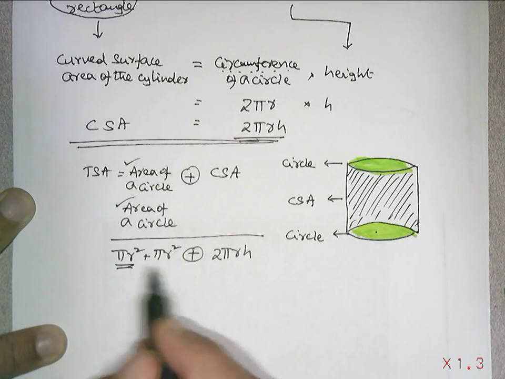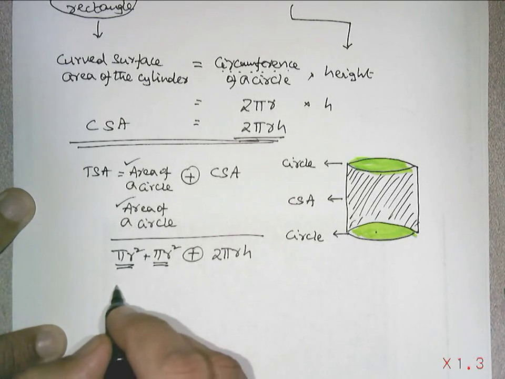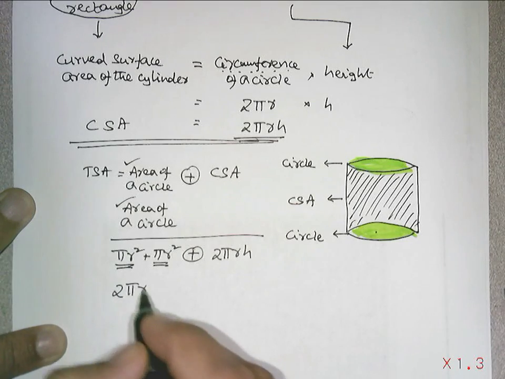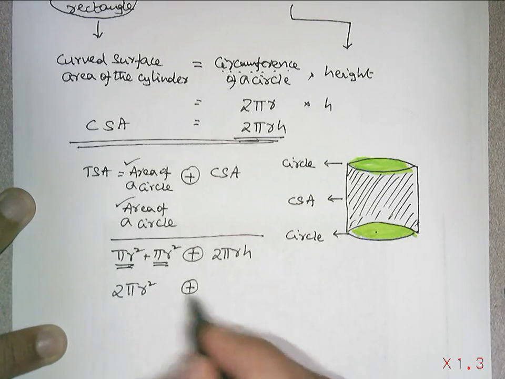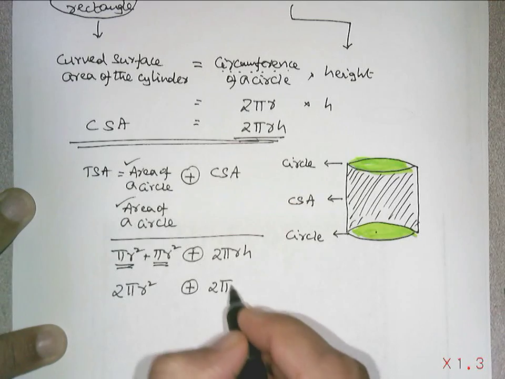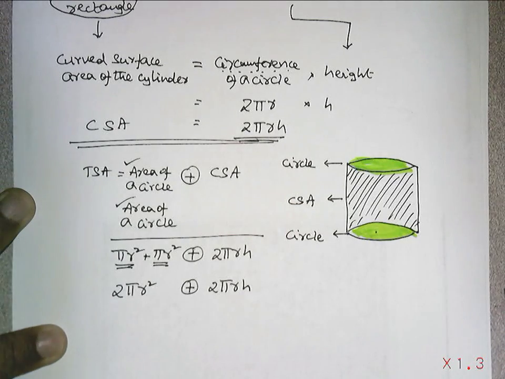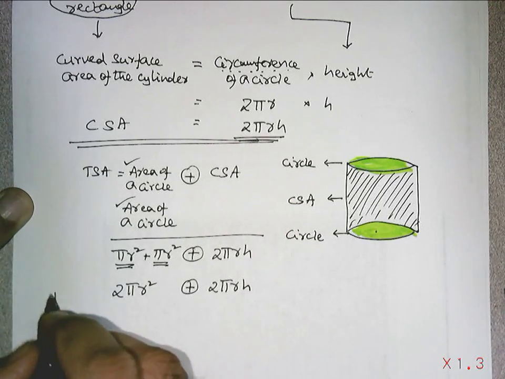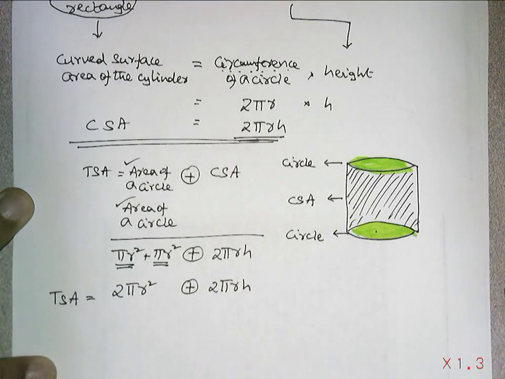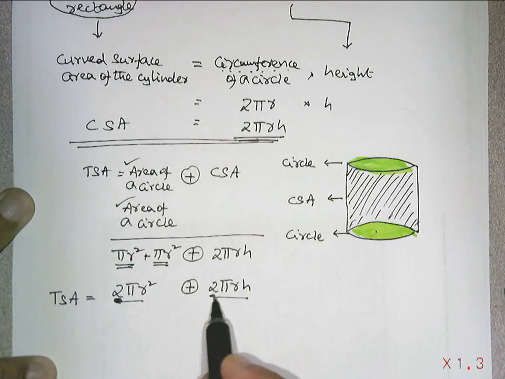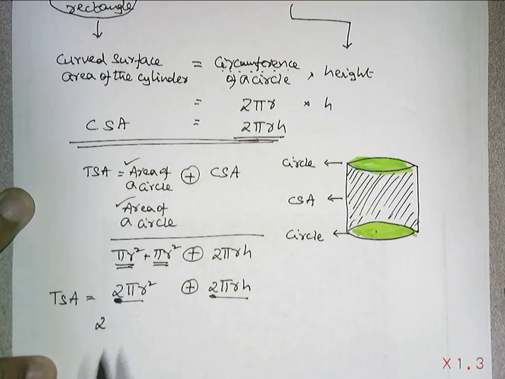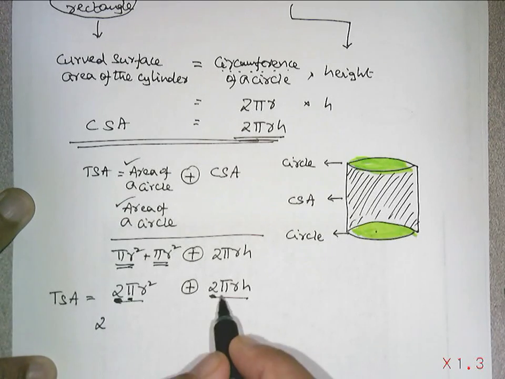So pi r square plus pi r square gives you 2 pi r square plus 2 pi r h. This is the total surface area of a cylinder. Can you see something same in these two? Yes, 2 is there, I can pull out as common. Pi is there.